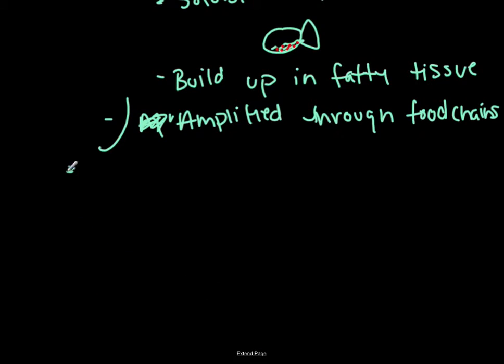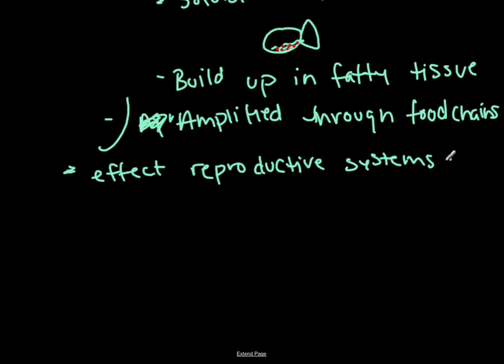For organisms that are suffering from this, things like polar bears, bald eagles had a problem with DDT. It's not necessarily lethal, but it's going to affect the reproductive systems and immune systems.